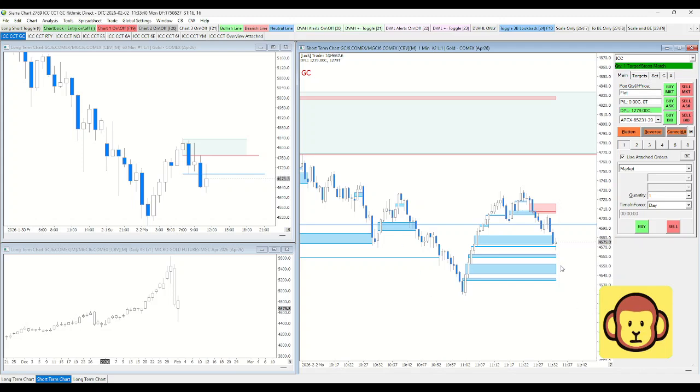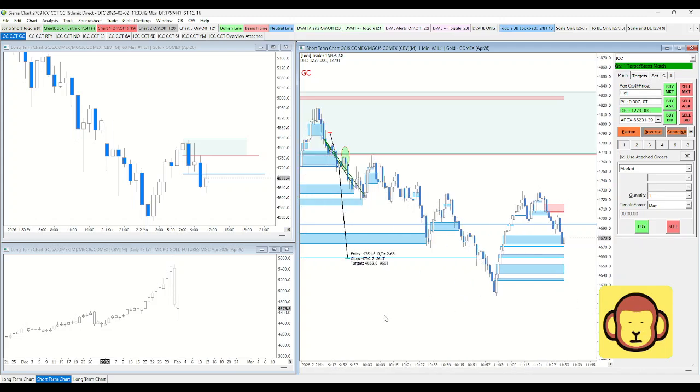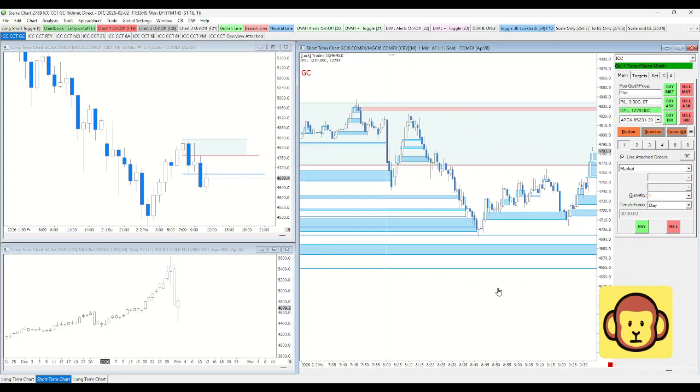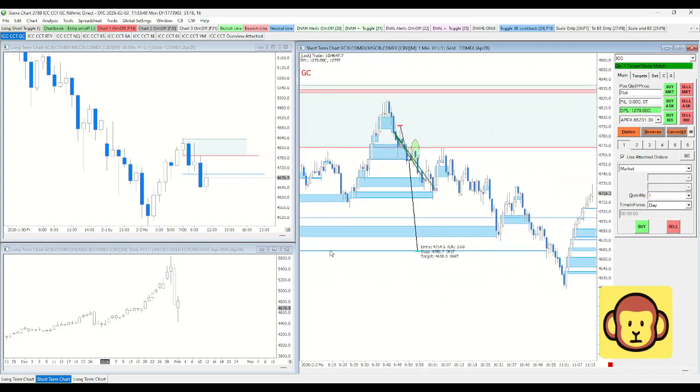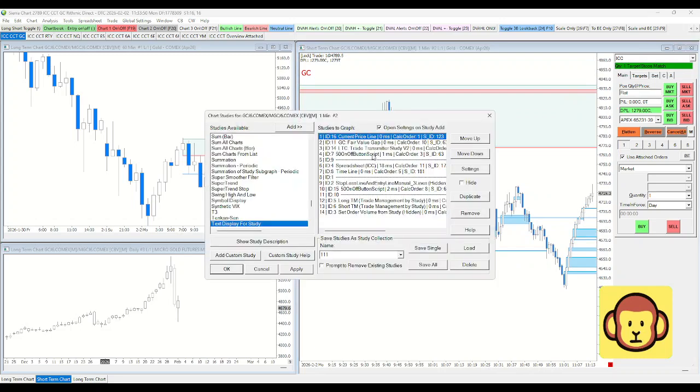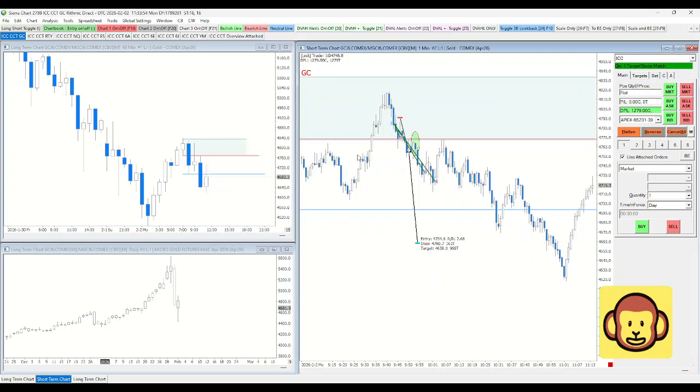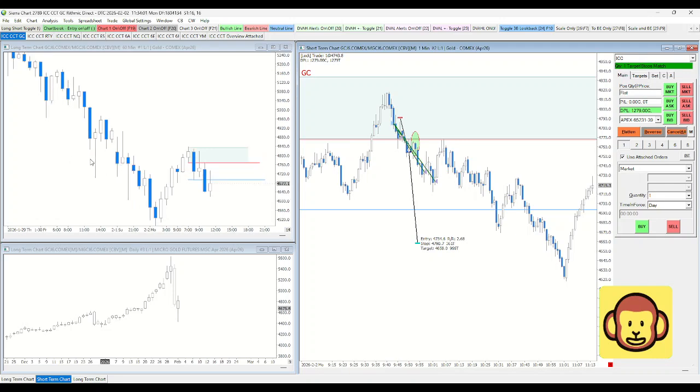Then it's starting to balance out here. It's interesting seeing these fair value gaps. Don't want to make too much of them, but they certainly do help. So yeah, good move. And to combine the two is very interesting.